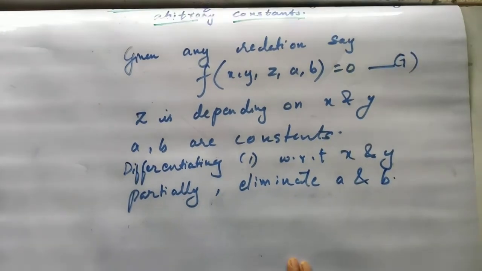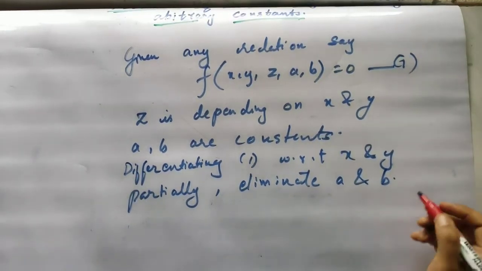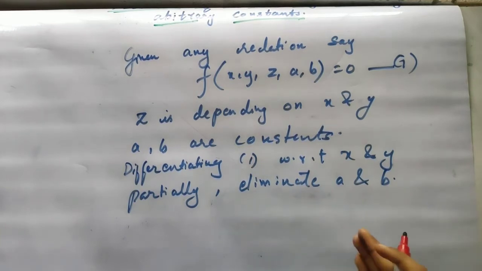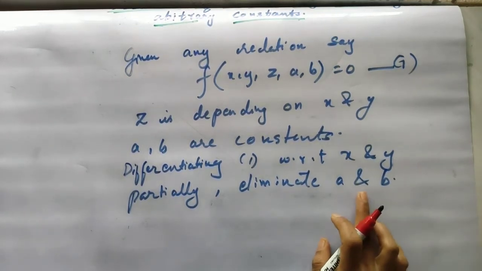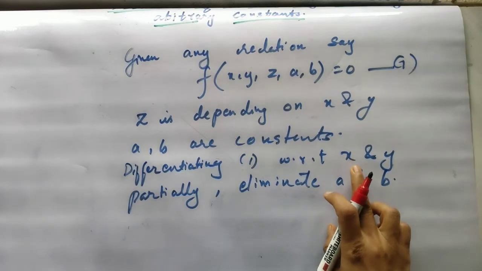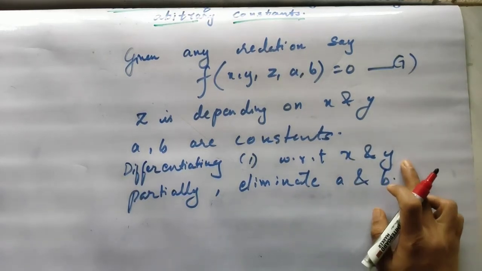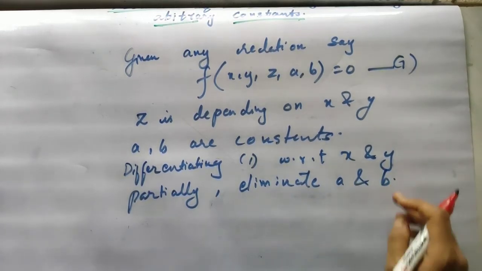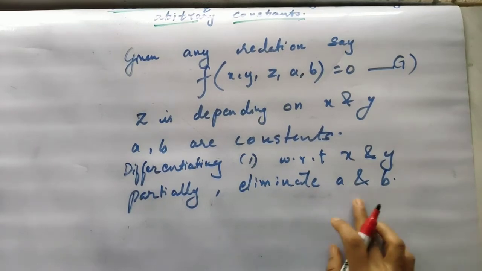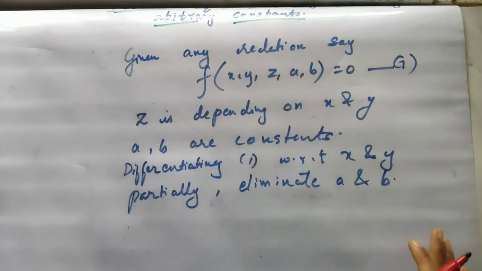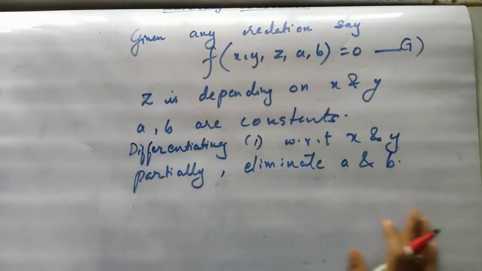You get certain relations where a will be equated to certain partial derivatives. Two equations you will get if you consider ∂z/∂x and ∂z/∂y, and with equation 1, totally there will be three equations. From those three equations you try to eliminate the constants a and b, and then frame a PDE. This is what we'll be doing hereafter.